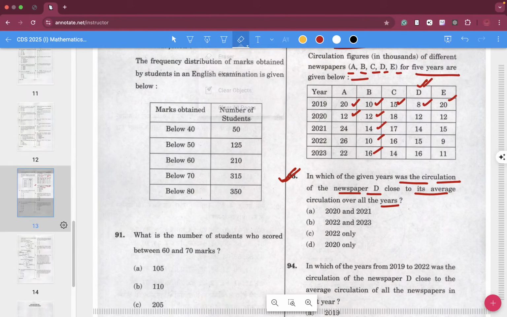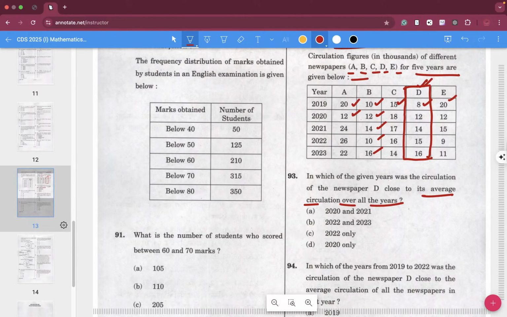In which of the given years was the circulation of newspaper D close to its average circulation of all the years? So we'll have to concentrate on D over here. They are talking about D, close to its average circulation over all the years.